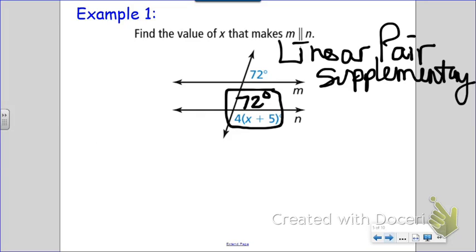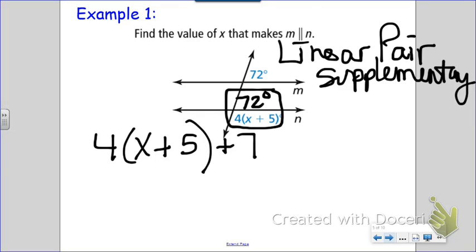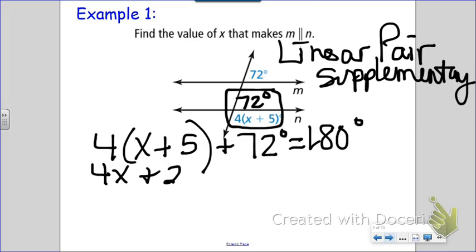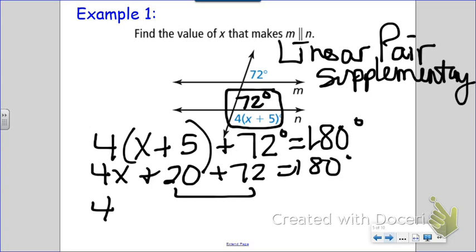the two angles have a sum of 180, so 4(x plus 5) plus 72 degrees equals 180. Distribute the 4. We'll do the algebra steps next. 4x plus 20 plus 72 equals 180. Combine your like terms. 4x plus 92 equals 180.